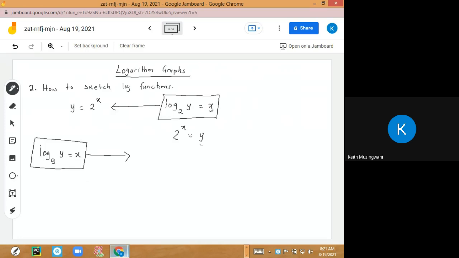We read it as log y base a is equal to x. So the base a is written as a base, the x after the equal sign becomes the power to the base, and you get the y that is inside there. So this is an exponential and log relationship, and we call it an inverse relationship of logarithms and exponential functions. This is what we must get from this page.